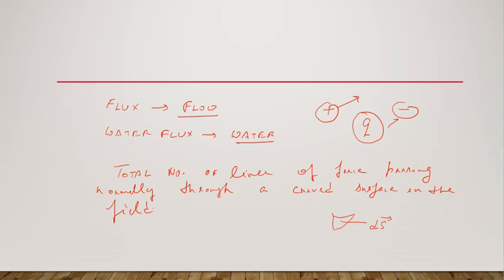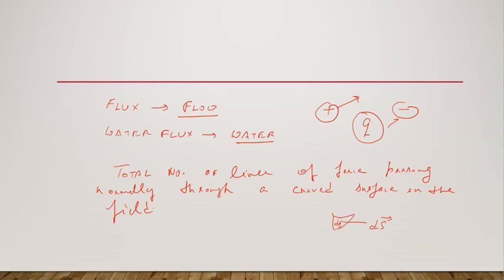Suppose here is a charge q, a very small amount of charge dq, placed here, and an electric field is passing through this small area element. The total number of lines of force passing normally through a curved surface in the field is, mathematically, phi.